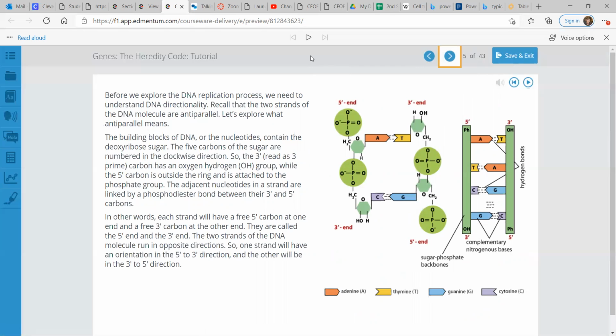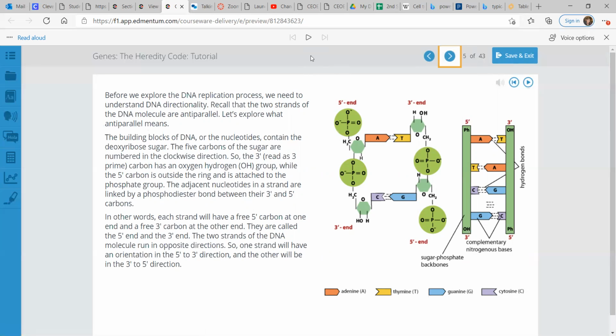Before we explore the DNA replication process, we need to understand DNA directionality. Recall that the 2 strands of the DNA molecule are anti-parallel. Let's explore what anti-parallel means. The building blocks of DNA, or the nucleotides, contain the deoxyribose sugar.